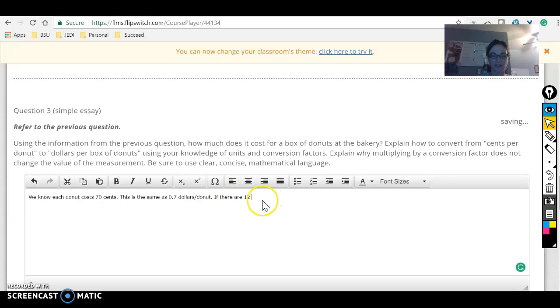Okay, if there are 12 donuts in the box, we need to multiply $0.7 per donut by 12 donuts per box to cancel the donuts and leave us with dollars per box.